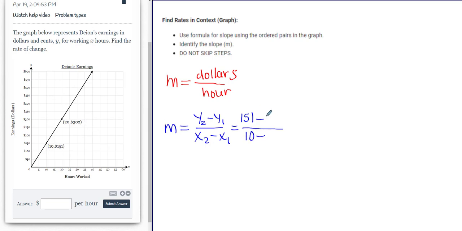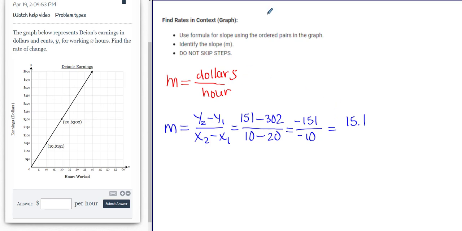My next y value is 302 over 20. Again, my y value is on top, my x is on the bottom. So 151 minus 302 is a negative 151, and 10 minus 20 is a negative 10. A negative divided by a negative is positive, and that's going to be 15.1.